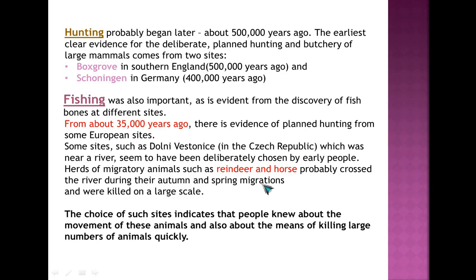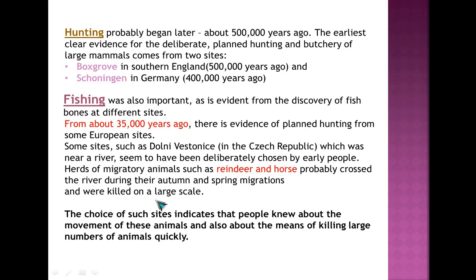Herds of migratory animals such as reindeer and horse probably crossed the river. This was a place where migratory animals used to gather, take rest and quench their thirst. So it was very easy to catch them from that venue during their autumn and spring migration. That is why they chose this spot.